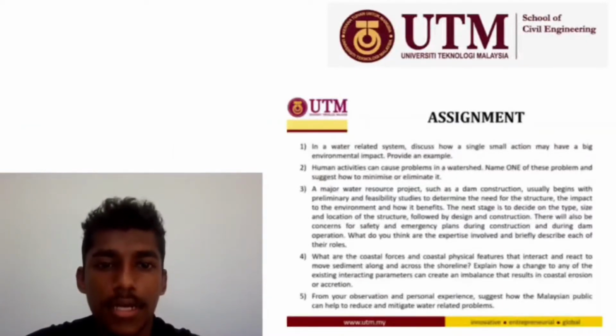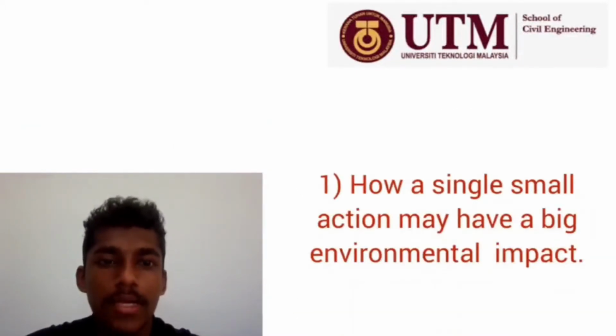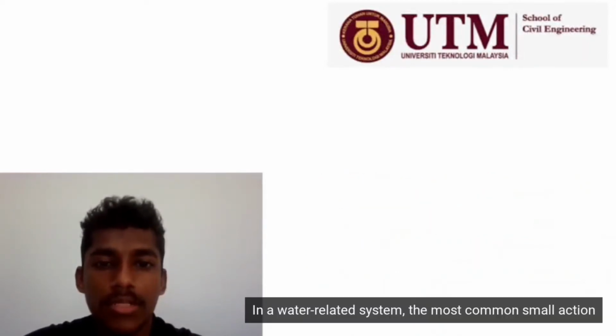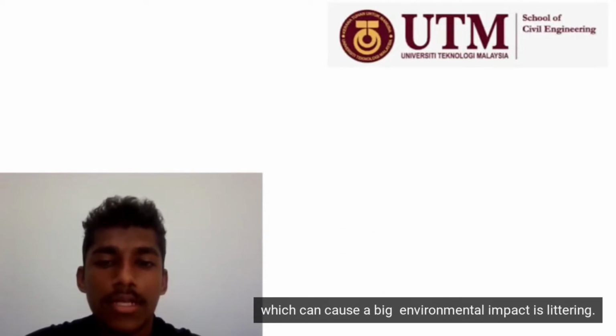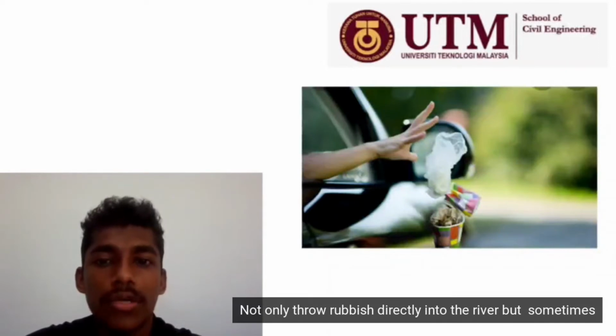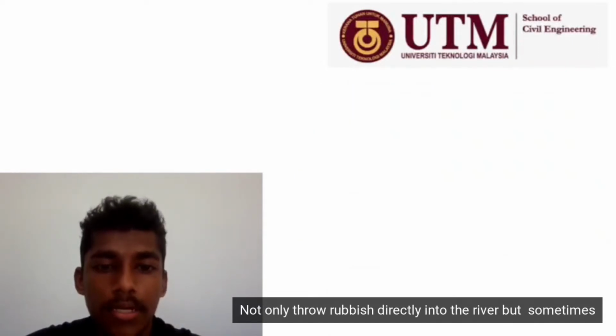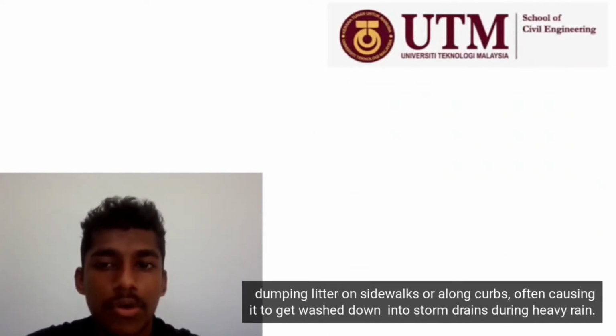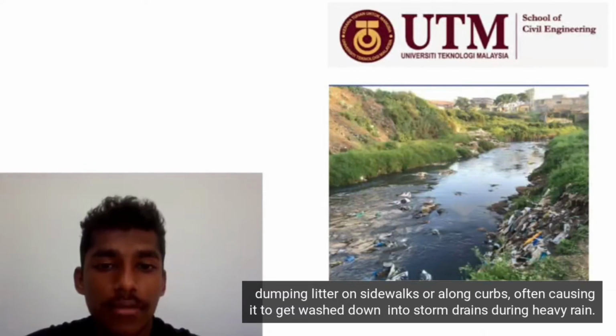The first one is how a single small action may have a big environmental impact. In a small water-related system, the most common action that causes big environmental impact is littering. Not only throwing rubbish directly into a river, but sometimes dumping litter on sidewalks or along curbs often causes it to get washed down into storm drains during heavy rain.